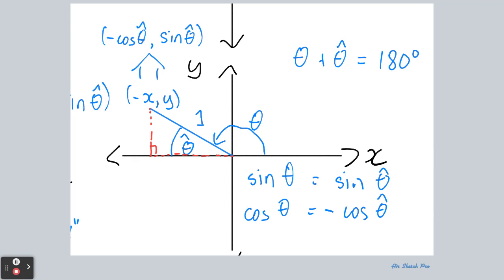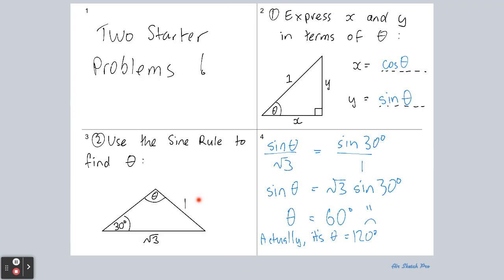So why is this important? Particularly when you've got calculators, because you're not always going to have a calculator. It's important because what we're now doing is defining an angle theta, which is beyond 90 degrees, in terms of an acute angle with a plus or minus next to it. Going back to this problem here, you may be able to see a glimpse into why this is a problem.